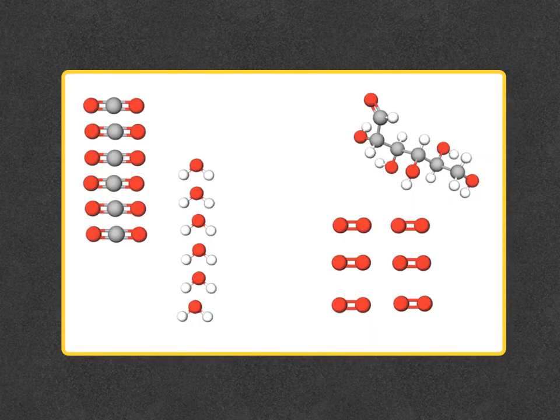So this is a schematic of the photosynthesis reaction drawn out. So we have carbon dioxide and we have water. So these are combining to form oxygen and glucose.